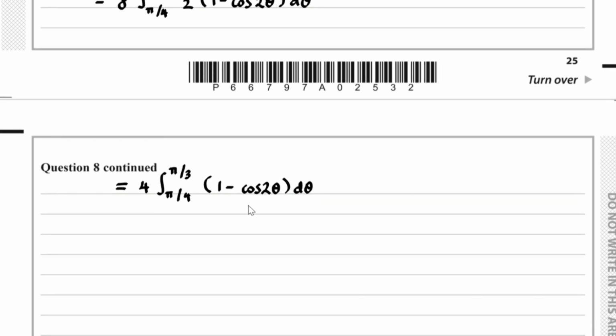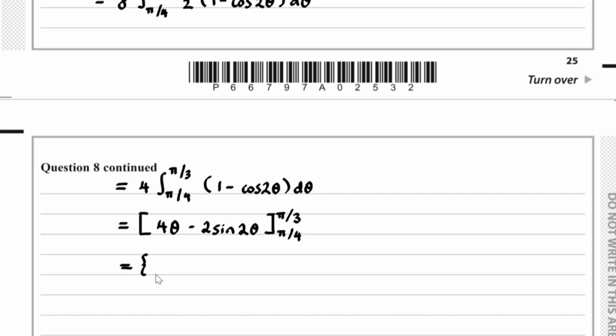And if I multiply the 4 in and then integrate, we have the integral of 4, which is 4 theta, and the integral of minus 4 cos 2 theta, that will be minus 2 sin 2 theta. So we need to evaluate this in between pi over 4 and pi over 3.